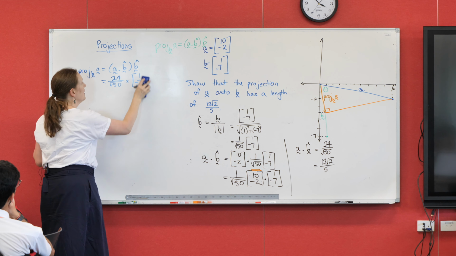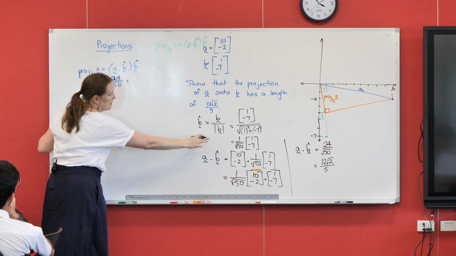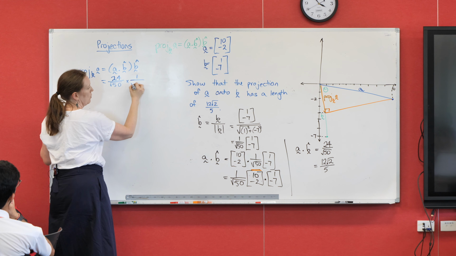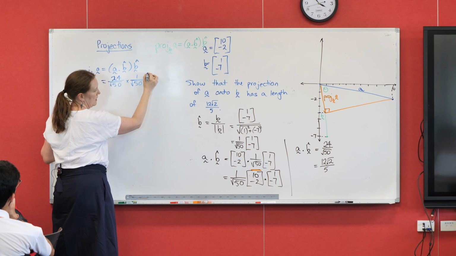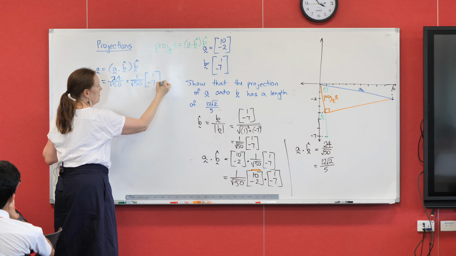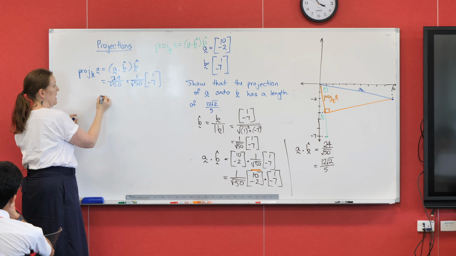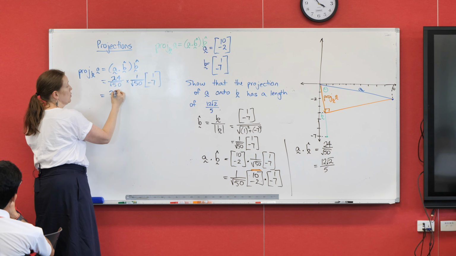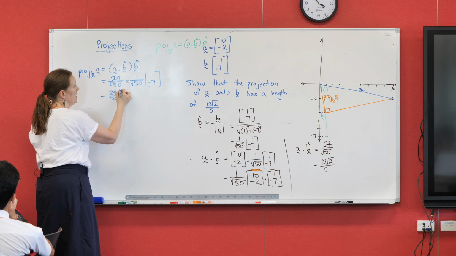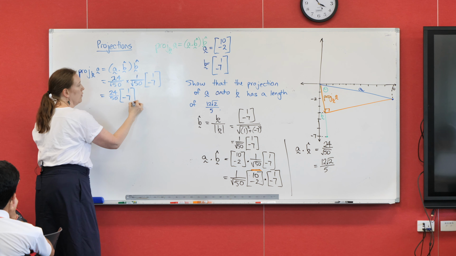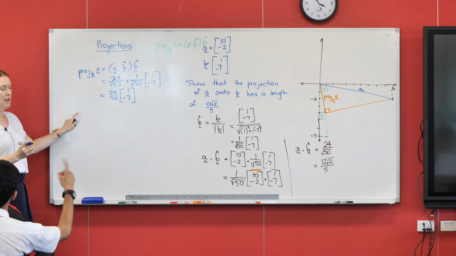No, it's not. It's the unit vector. So it's times 1 over root 50, 1 minus 7. This is the vector projection of A onto B. If I work this out, I get 24 over 50 in the direction of B. So that's the scalar, that's the vector.